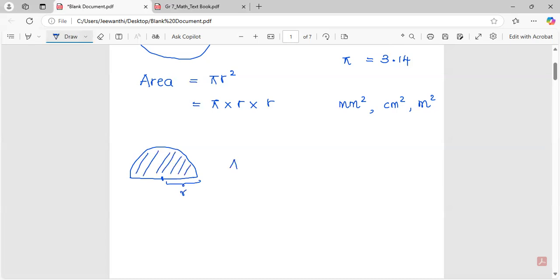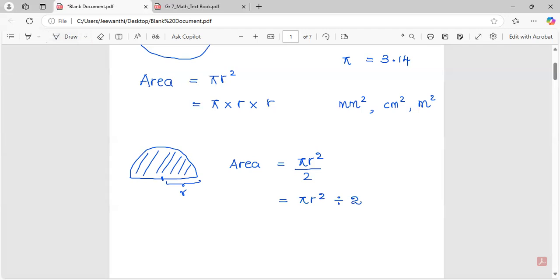The full circle is πr squared, and I have only half of it. Therefore, I divide by 2. Sometimes when you are doing the calculation, you can write it like this, πr squared divided by 2. Later, when you are doing the sums, you will realize why I wrote it like this. So this is how we write it.